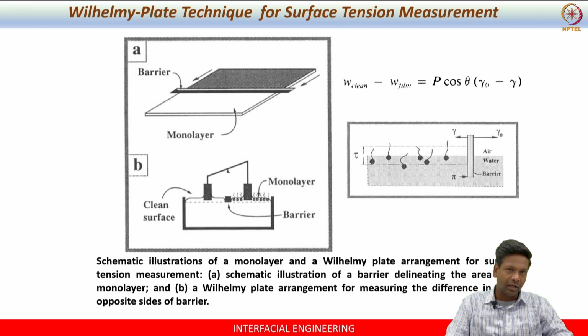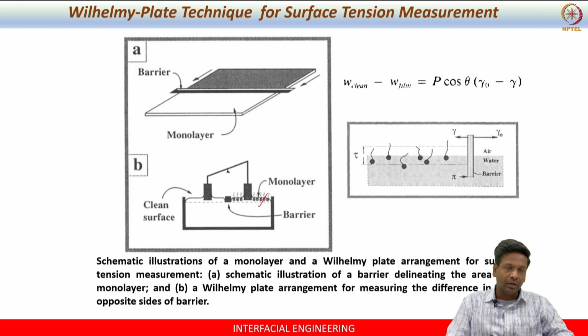That is the reference point, so that will be the maximum. Now as the barrier is pushed and the compression isotherm is performed, the monolayer will be arranged in the fashion displayed here. In that case, it will reduce the surface tension to the maximum extent possible.